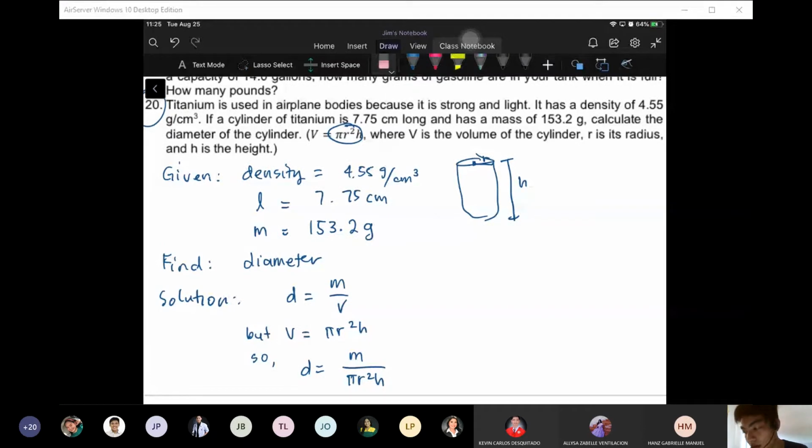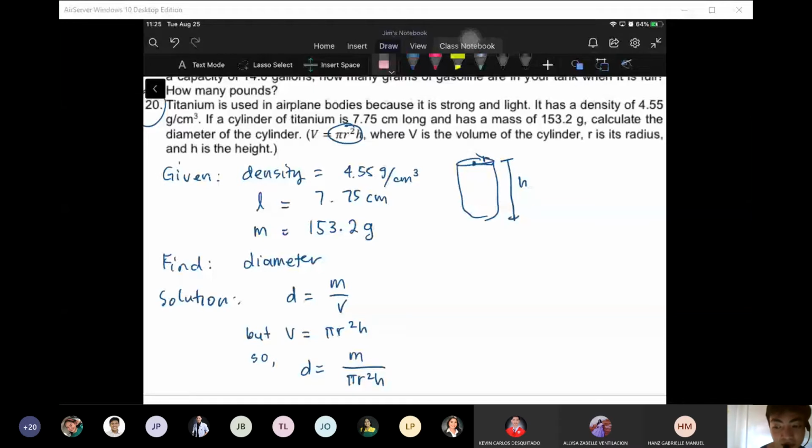Sige. So, anyone, saan kaya makikita ang diameter? Kahit sino po pwede magsalita. Pwede rin mag-chat. Asan kaya yung diameter?